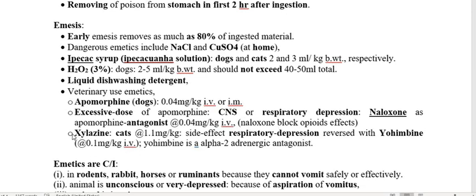So in case of xylazine toxicity, we have to give a drug which inhibits the action of xylazine.